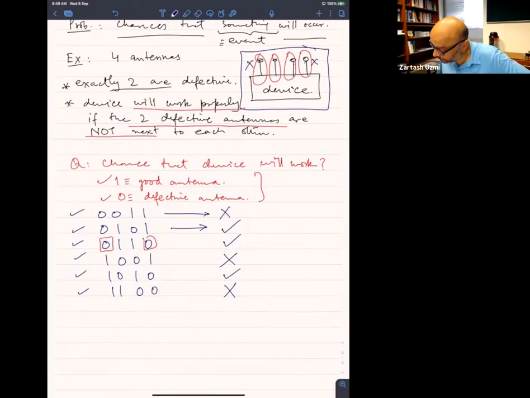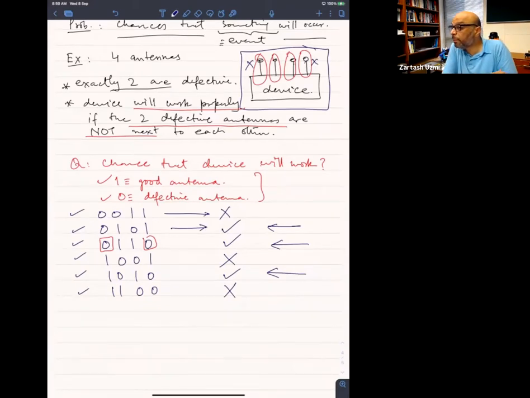Out of these, if you look at it, this one and this one and this one, 3 possibilities are the ones in which the device will be working properly. Which means if I place the antennas on the device once, I don't know whether it will work or not, it depends on which of these 6 combinations comes up.